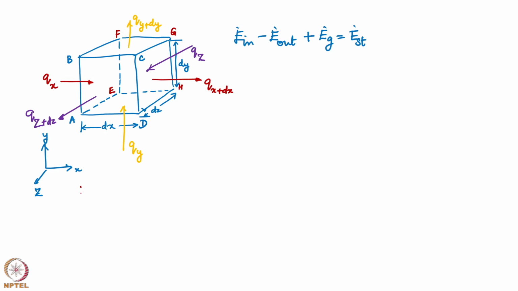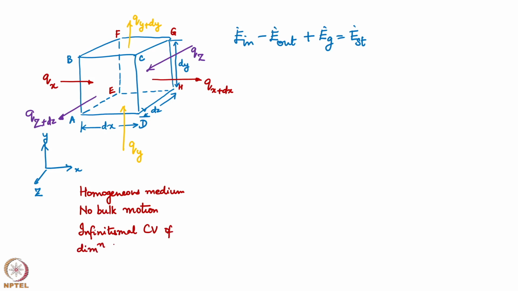So, we are looking at a homogeneous medium, no bulk motion, that means there is no flow, and we want to have an infinitesimal control volume, CV, of dimensions delta x, delta y, delta z.